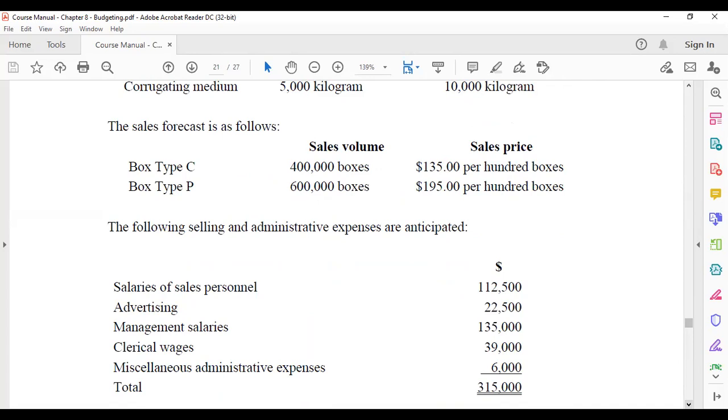If demand is the limiting factor, we start the budgeting process from the sales budget. If instead there is a shortage in resources used to produce the products, you may start with the production budget. But here, you're going to start with the sales.